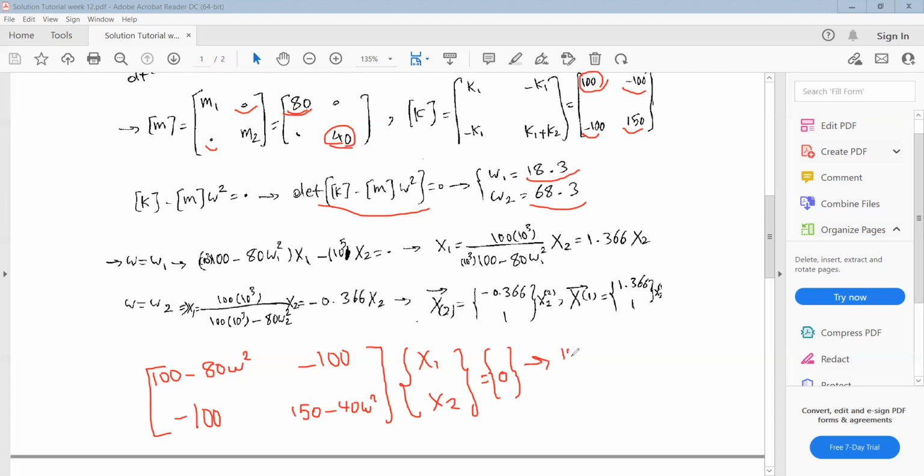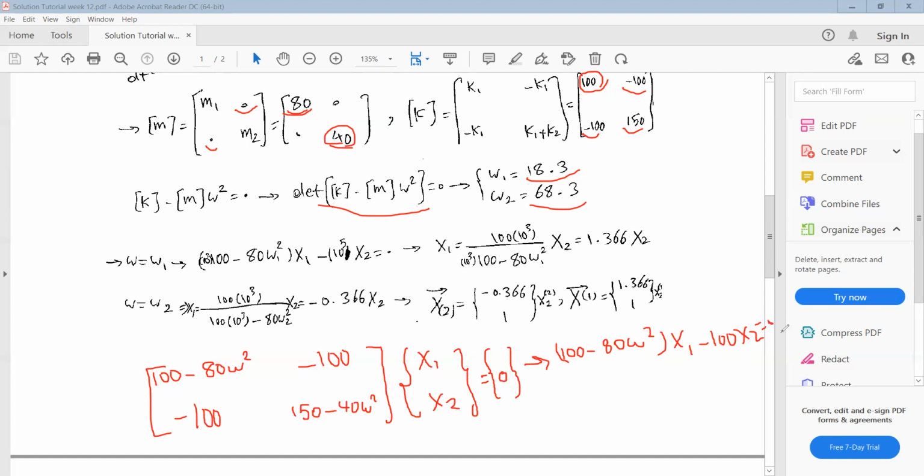So from the first one, for example, we will have (100 minus 80 omega squared) times x1 minus 100 times x2 is equal to 0.